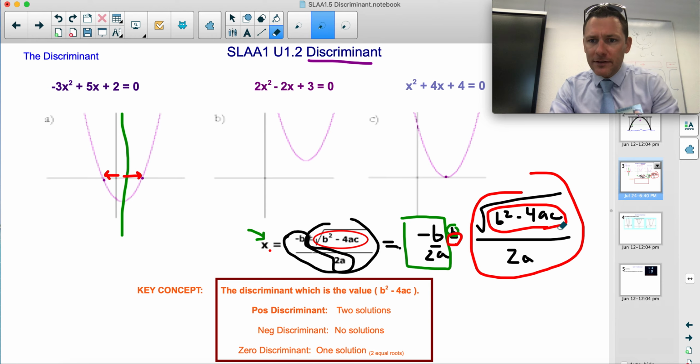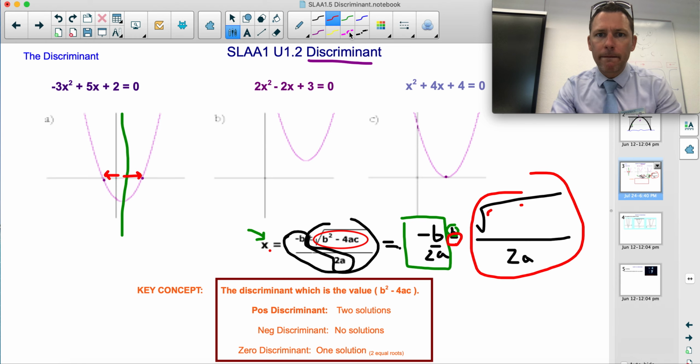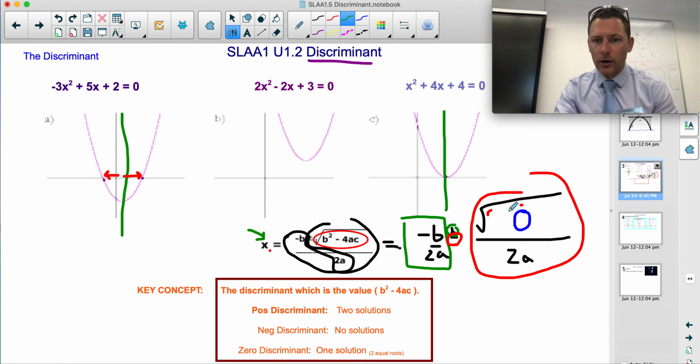However, if the guts in here are 0, square root of 0 is 0. 0 divided by who cares gives you 0. So to find the two intercepts, you started at the axis of symmetry here with negative b over 2a, and you go one way 0 and the other way 0, meaning that both are right there, right?